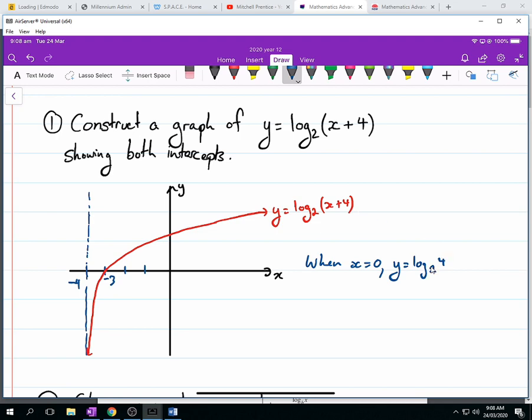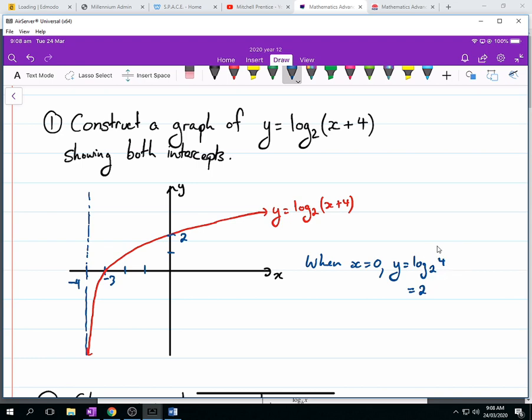Okay, and this is actually a number. It's asking us 2 to the power of what gives us 4, and we know 2 squared is 4. So it would be 2 up. Okay, so that's 2 up there.